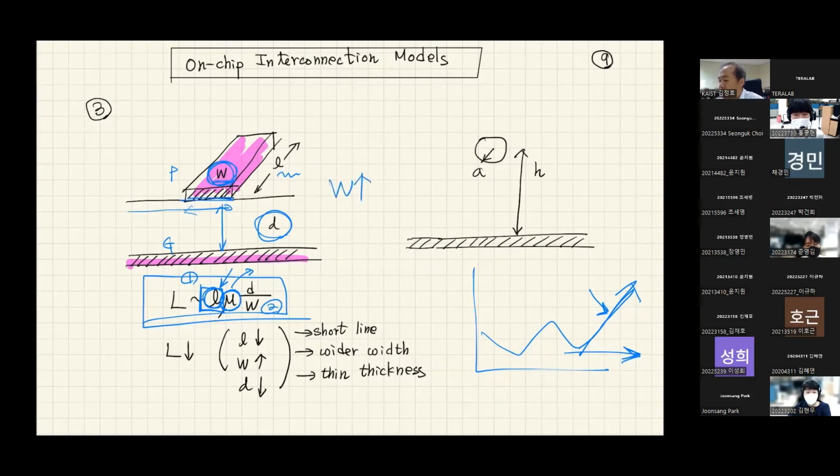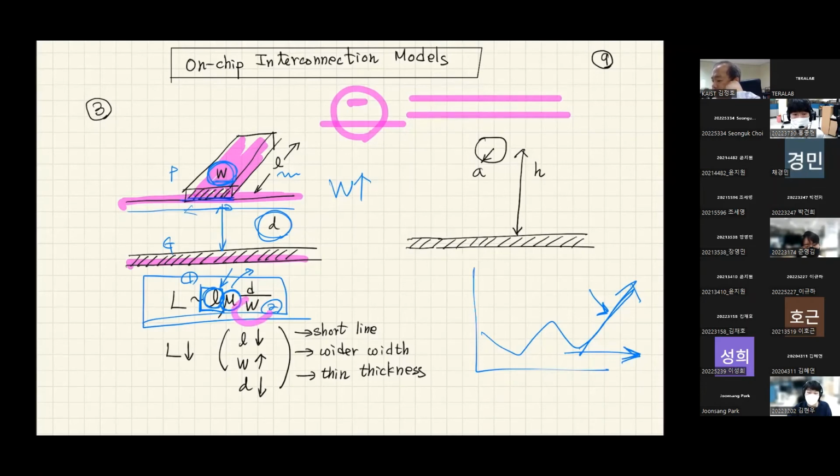So you have to make wider and wider metal. In a signal line, this kind of interconnection structure is typical, but in power and ground, you have to have the metal and ground plane as wide as possible to minimize the inductance and maximize the capacitance.